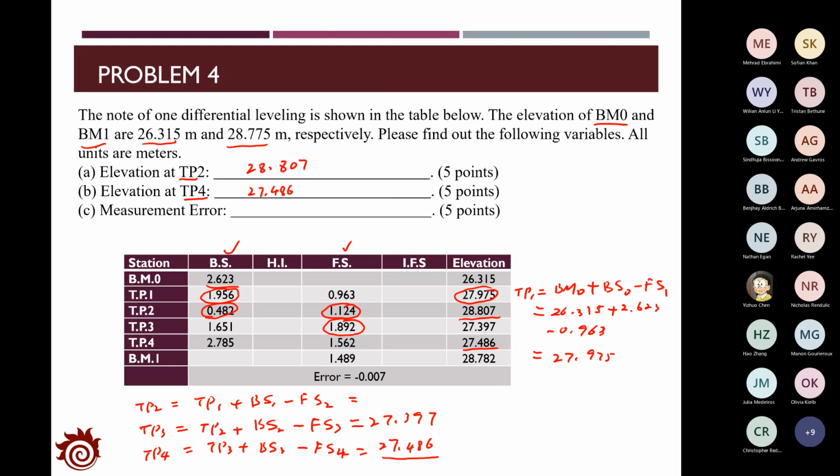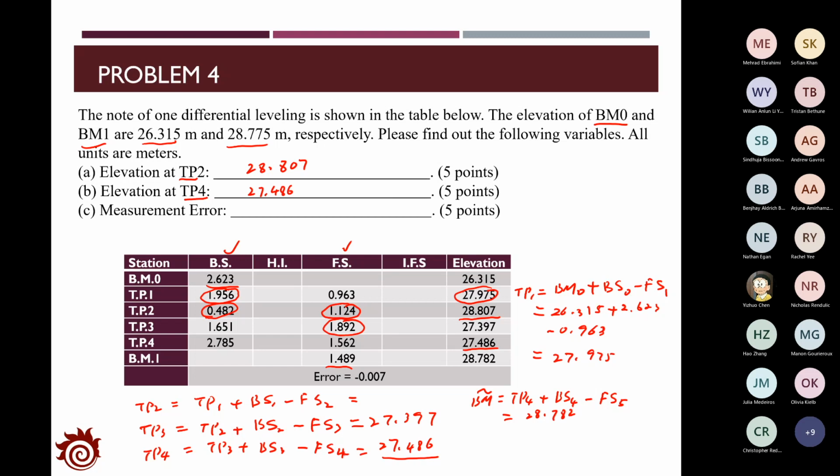And the last one would be the measurement error. The measurement error is determined by the estimated elevation of benchmark 1 and the true benchmark 1. The benchmark 1 estimated value would be the turning point 4 plus the backsight 4 minus the foresight 5. This will give you the value of 28.782.